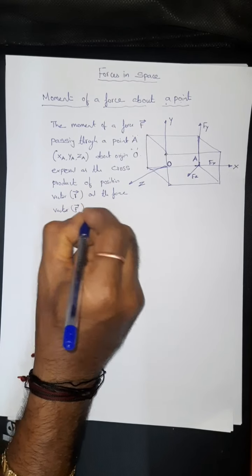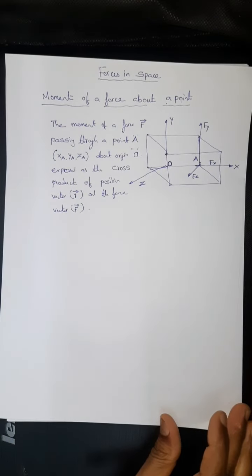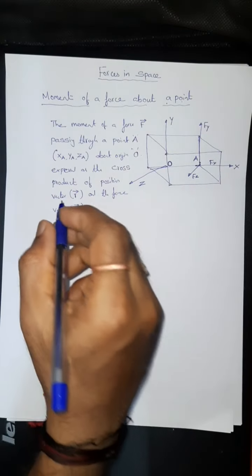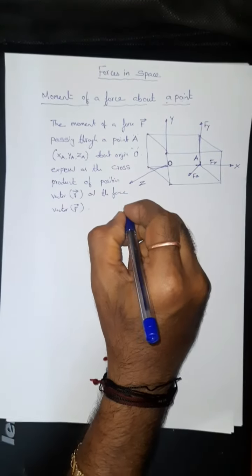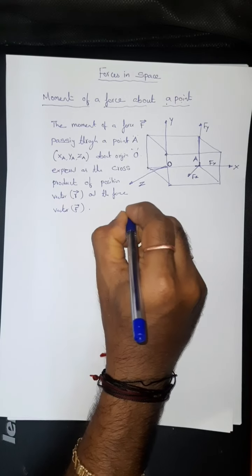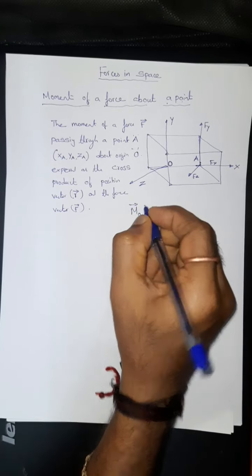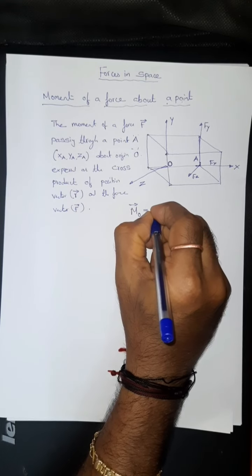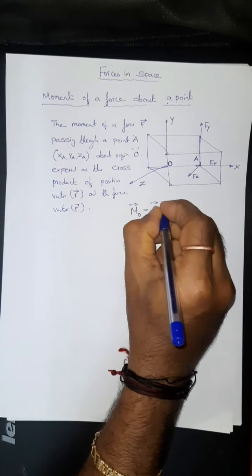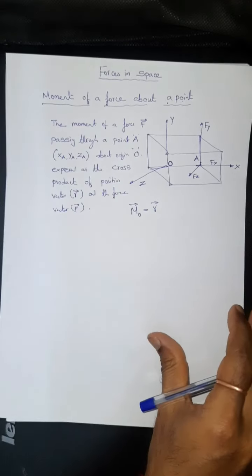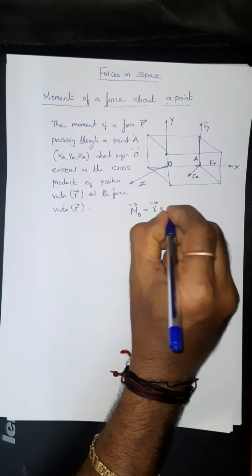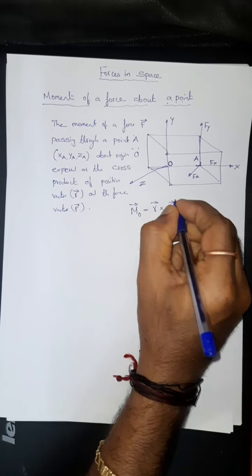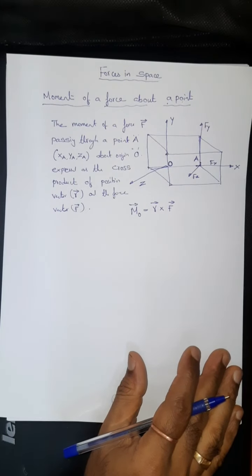So this moment, as far as 3 dimensions are concerned, is the moment about origin equal to the cross product of the position vector and the force vector, isn't it?